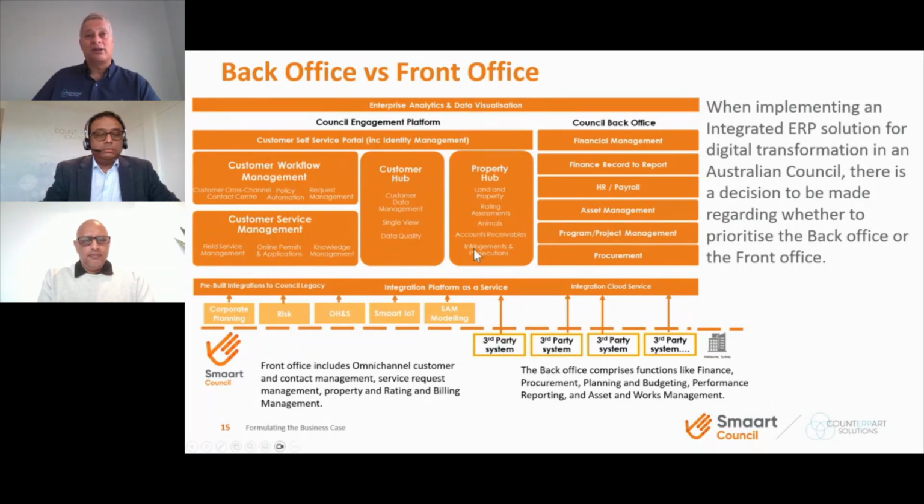The downside to the front office first is I've now got to plug into my legacy spaghetti back here. And the biggest issue for us in doing so is understanding the new chart of accounts, what will it be? So I'm creating this whole structure and whole workflow approach, but I'm not able to capture any of that content in my solutions here. So the back office obviously is the financials, procurements, planning, budgeting, performance reporting, and asset and works management.